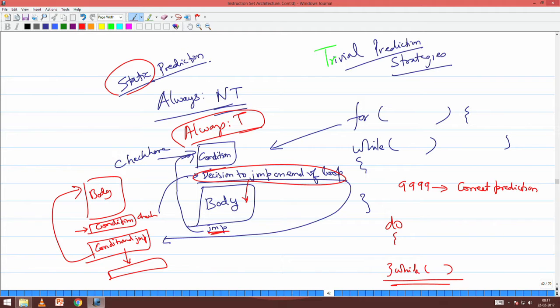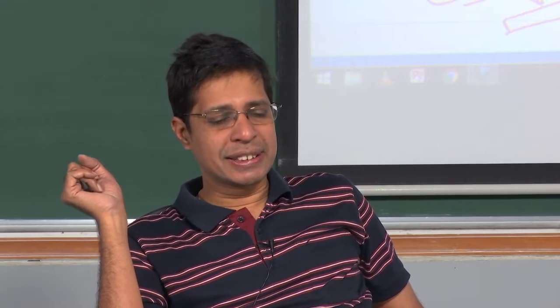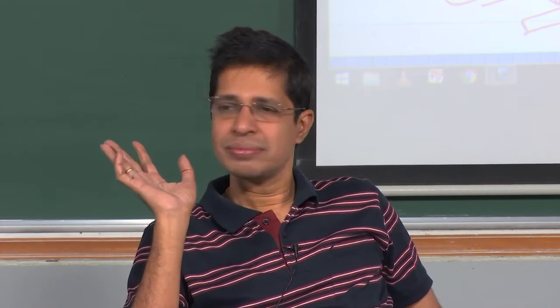Okay. So now, how will you decide? Suppose you are saying that I don't want to invest so much in branch prediction. I don't want to complicate the hardware. Now, you are given a mandate to do either not taken or taken as a static prediction, right?